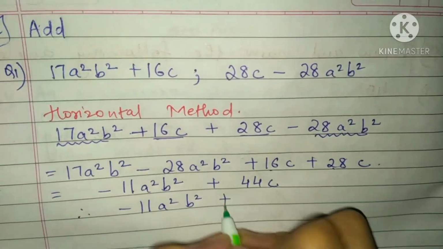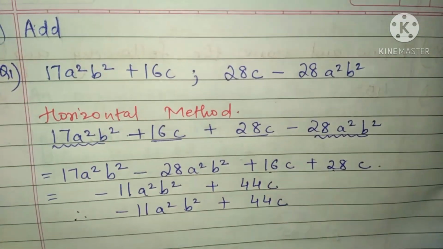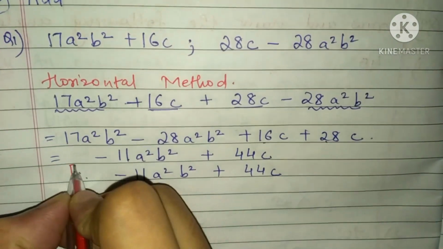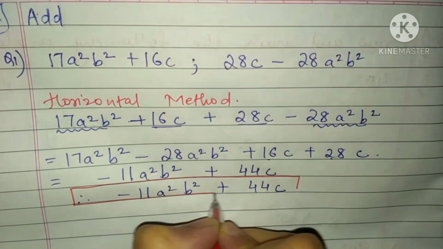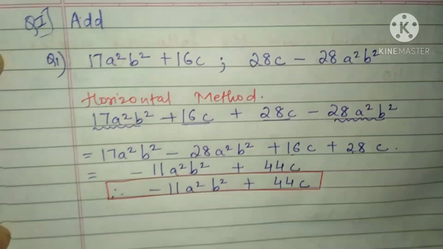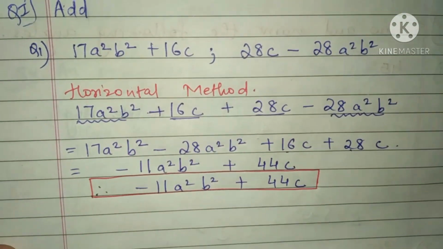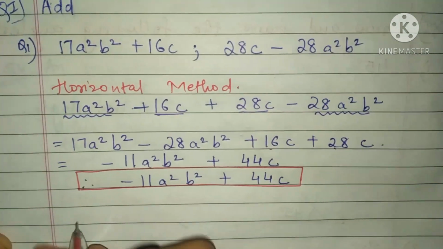Plus 16c plus 28c is 44c. So for our final answer, you have to write the sign properly: minus 11 a square b square plus 44c. This is one method, the horizontal method of adding algebraic expressions.